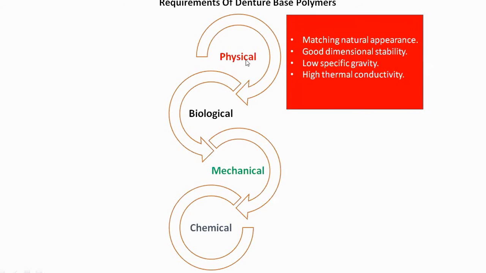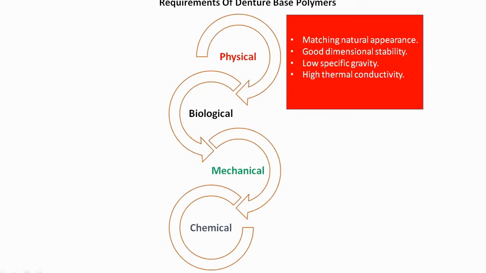Okay. So in our complete denture, the color of the denture base is pink and the color of the teeth is white, because our gums are pink in color and teeth are white in color. The denture-based resin actually does not have any color.